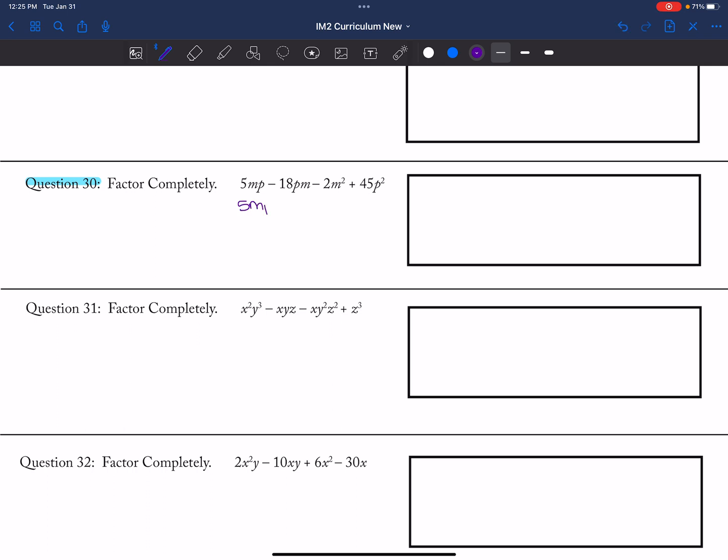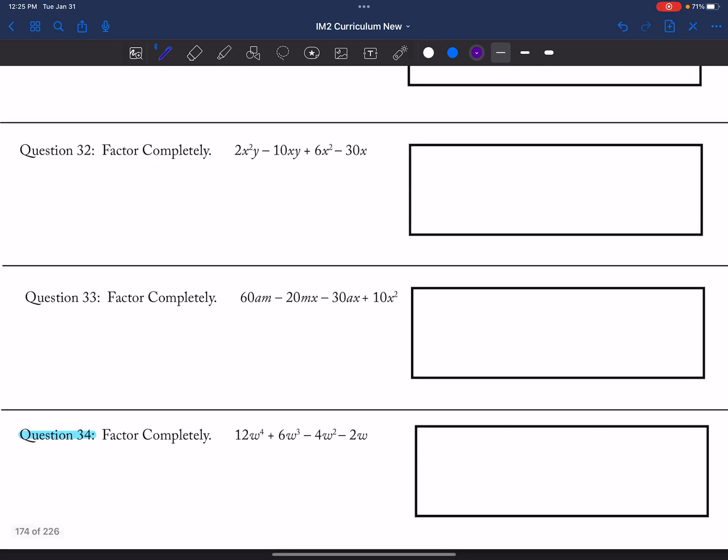I have a 5mp and a minus 18pm, which I can write as mp also, and then minus 2m squared plus 45p squared. So these two terms make a negative 13mp minus 2m squared plus 45p squared, and then nothing is in common.